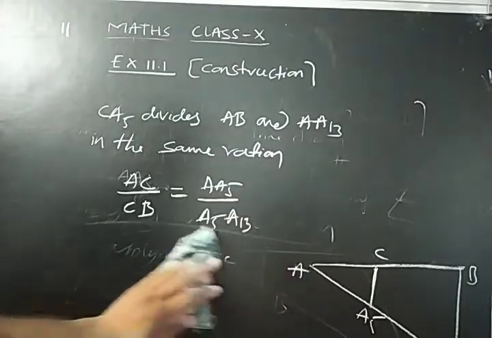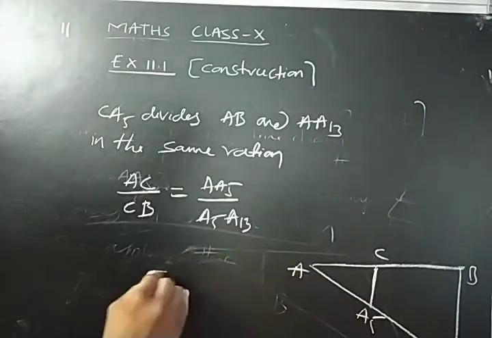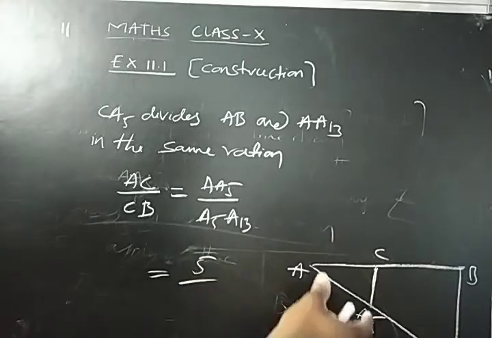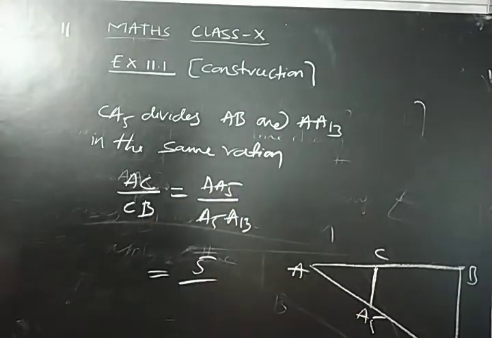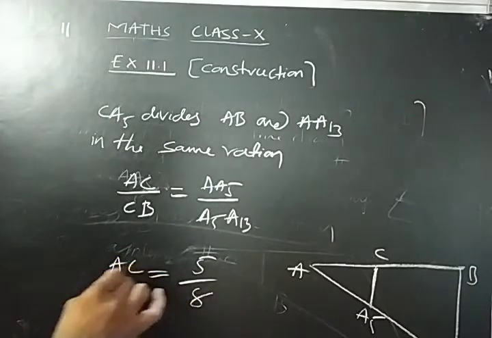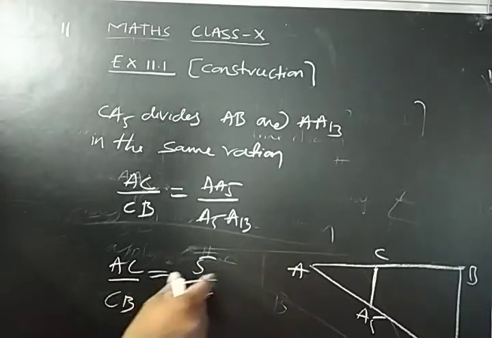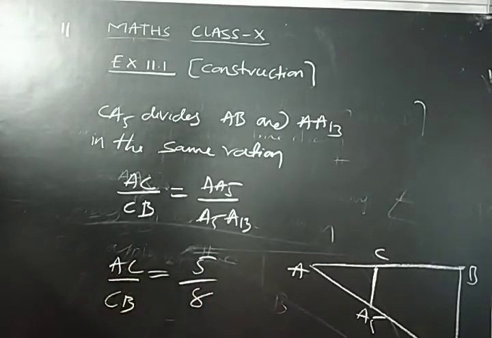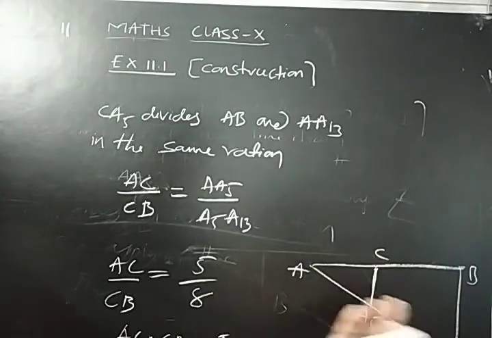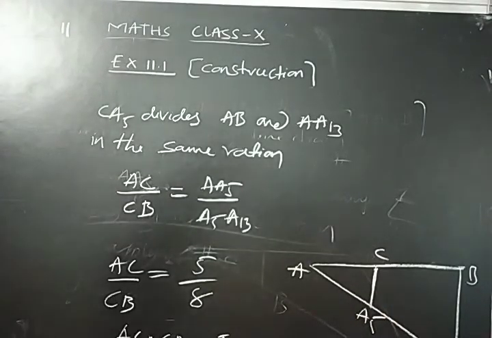And in this construction, we know that A to A5 has 5 equal parts, so A5 equals 5, and A5 to A13 has 8 equal parts. So AC by CB equals 5 by 8. So AC is to CB is equal to 5 is to 8. Therefore, the construction is justified. Okay.